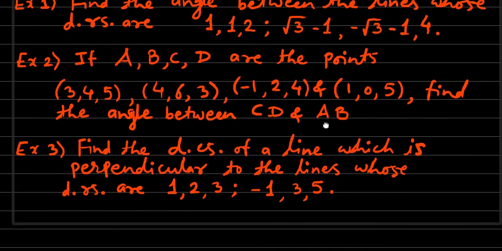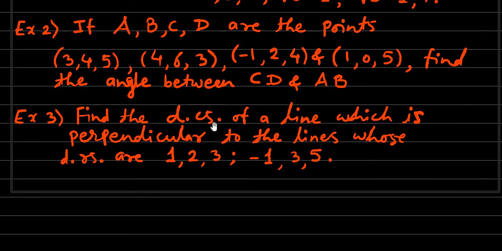And the third example is: find the direction cosines of the line which is perpendicular to the lines whose direction ratios are 1, 2, 3 and minus 1, 3, 5. If you observe, this example is similar to the second example that we have solved today. So here you have to suppose that L, M, N are the direction cosines of the required line.